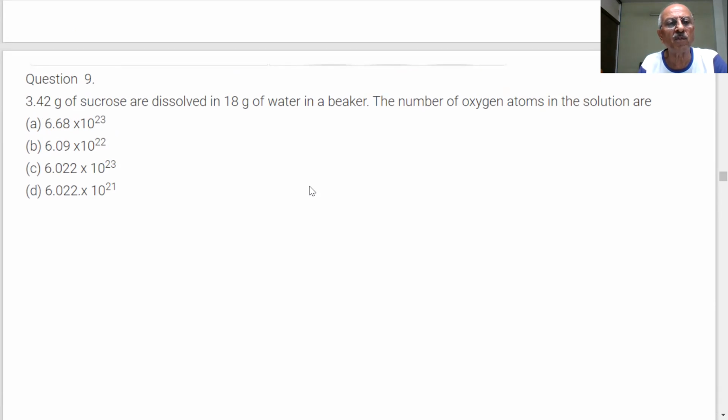What is the formula of sucrose? Sucrose is a sugar which you are eating. C12H22O11. He has not given the formula of sucrose, so how will students solve it?